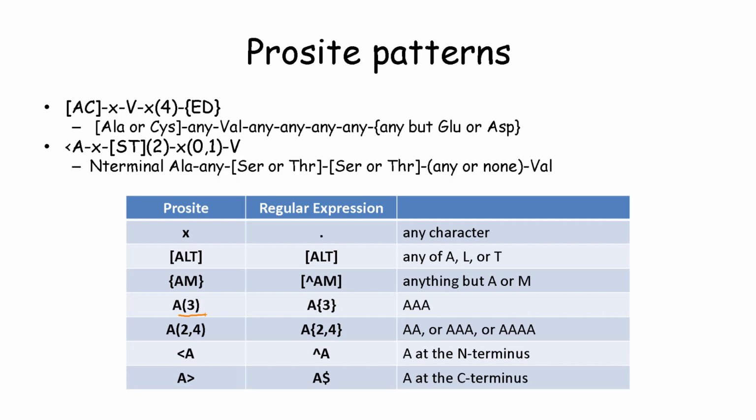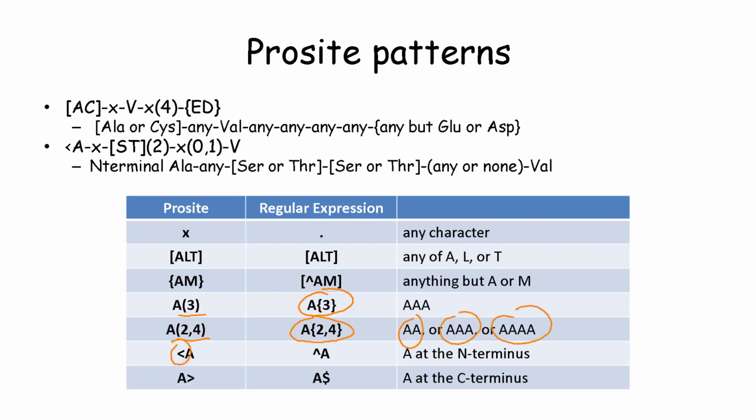Here, this is meant to say we have A repeated 3 times. In regular expressions, this is written as A curly bracket 3. Two numbers inside parentheses separated by a comma represent a lower bound and upper bound of repetitions. Here 2, 4 represents 2 A's, 3 A's, or 4 A's.